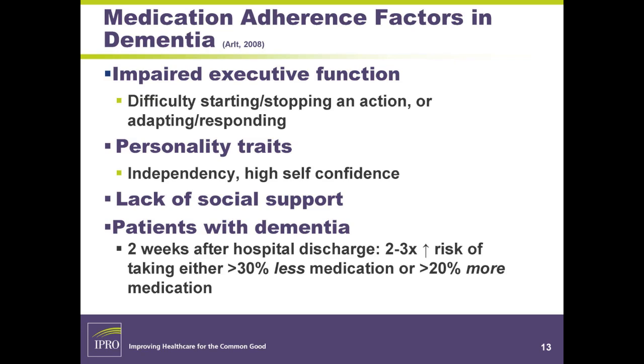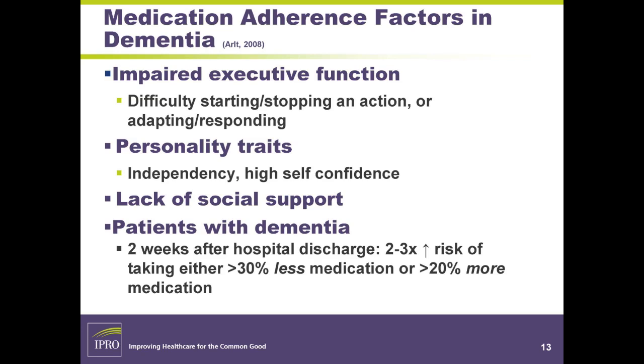Personality traits in patients with dementia who have medication adherence problems are those who are highly independent and have high self-confidence. They mask the fact that they may not be able to take their medications. So these are people you might want to target for in-depth questions with their caregivers: how well is the patient with dementia really taking their medications, and should the caregiver institute some extra support?